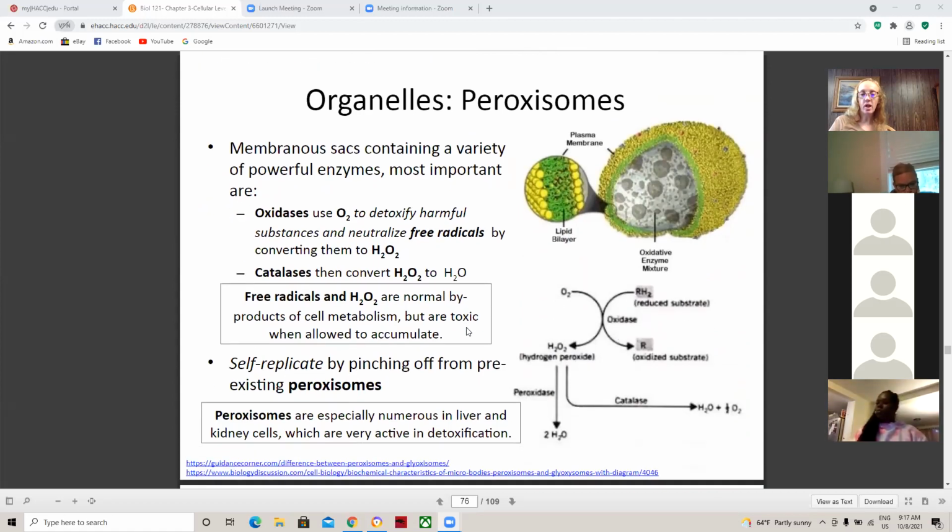In the liver and kidney cells, where we get a lot of detoxification, and we're constantly detoxifying harmful substances, peroxisomes are especially prevalent.